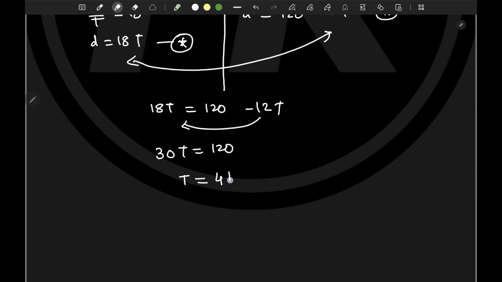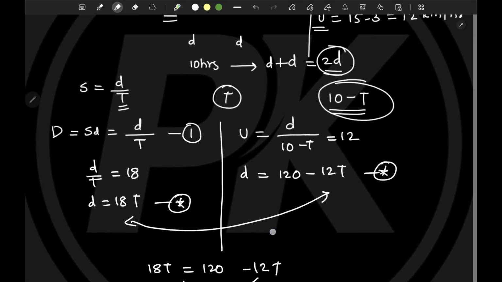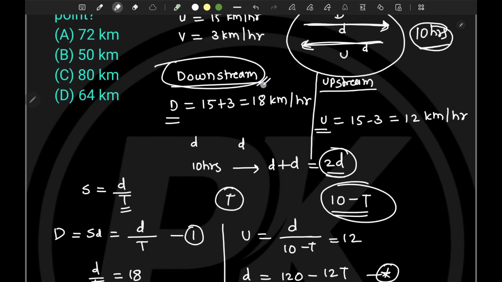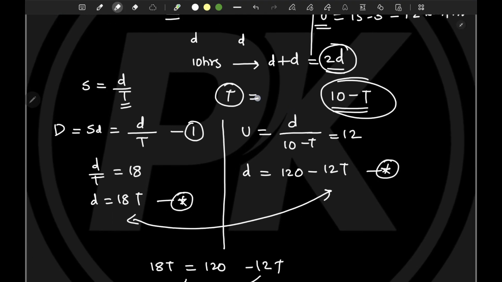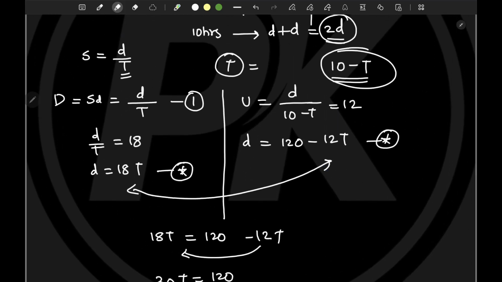It is 4 hours. And what is t? It is the time required to row downstream, and hence this is 4 hours. And hence the time required to row in upstream will be how much? 10 minus 4, it is 6 hours.